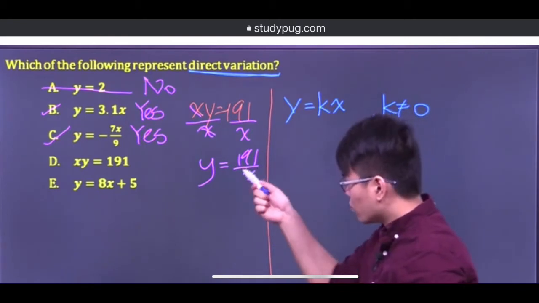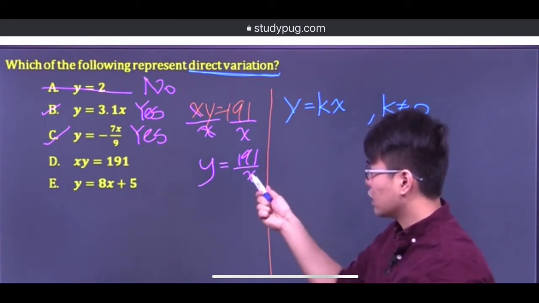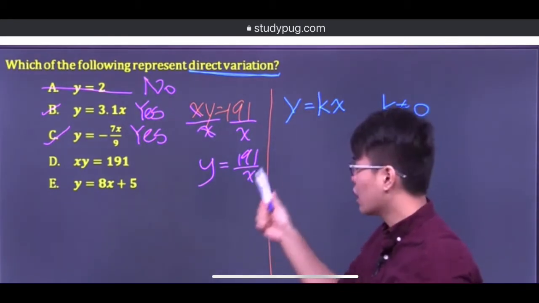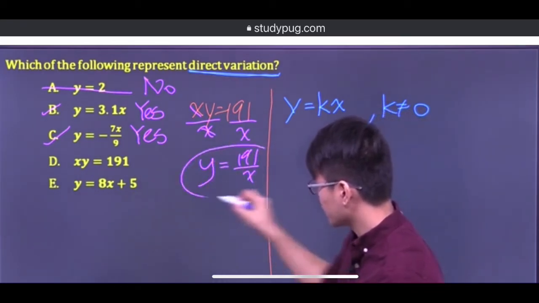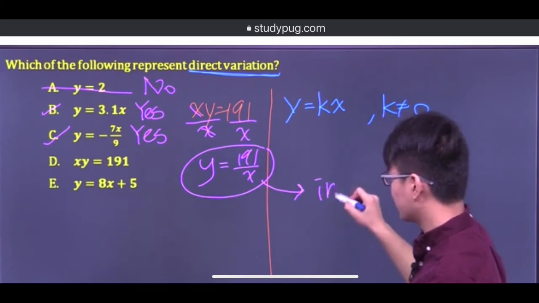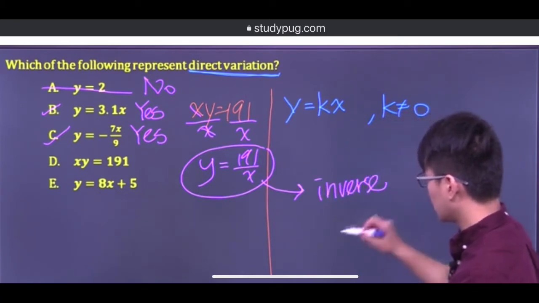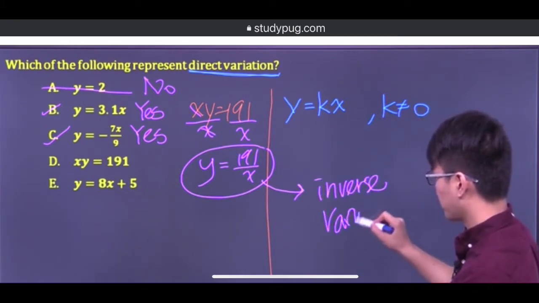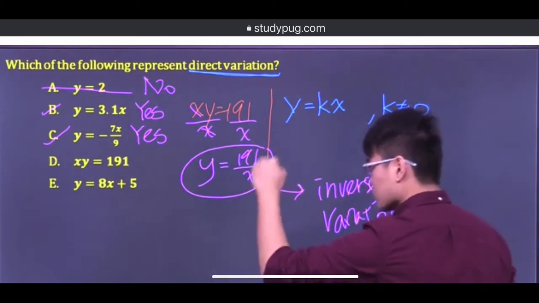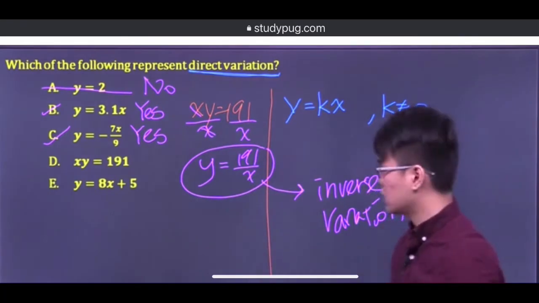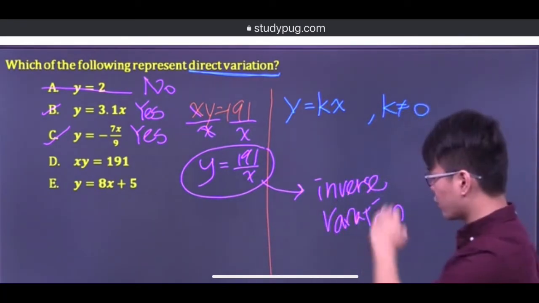Later, in other videos, I'll talk about this form. This is what we call an inverse variation. Whenever we see an x in the denominator, we call that an inverse variation.